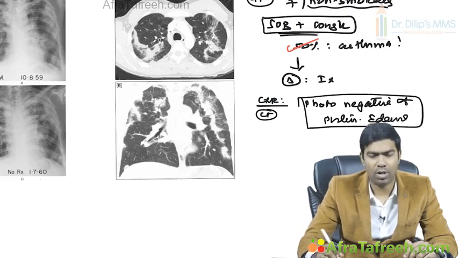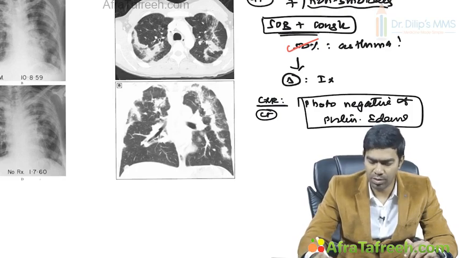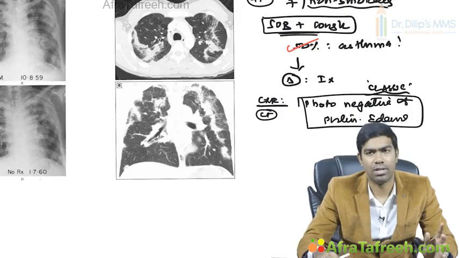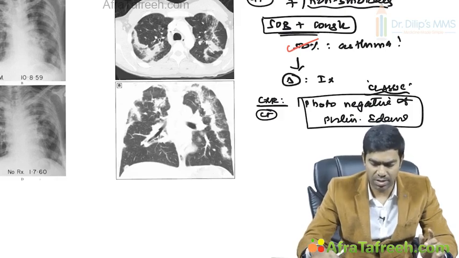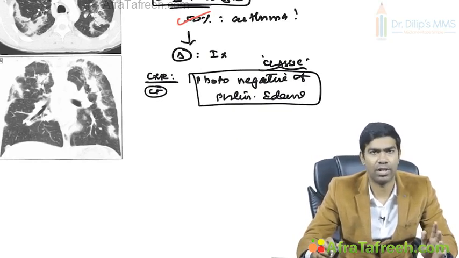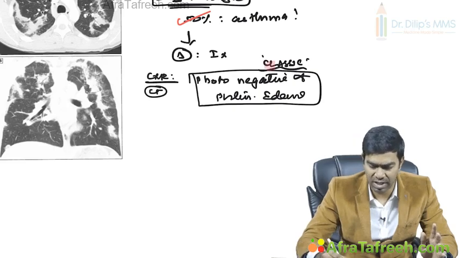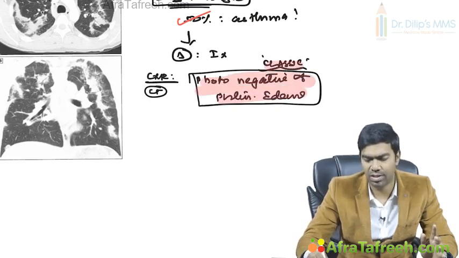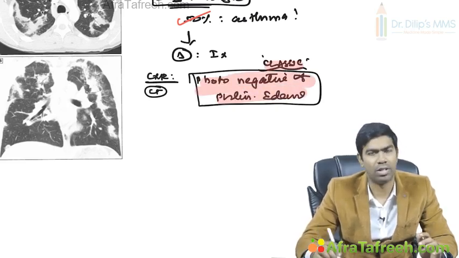Clear? So what do you mean by photographic negative of pulmonary edema? Even though this is supposed to be a classic finding in chronic eosinophilic pneumonia, subsequent studies showed that it is neither sensitive nor specific for chronic eosinophilic pneumonia. But in exam, if they tell you this point, you have to answer chronic eosinophilic pneumonia only.